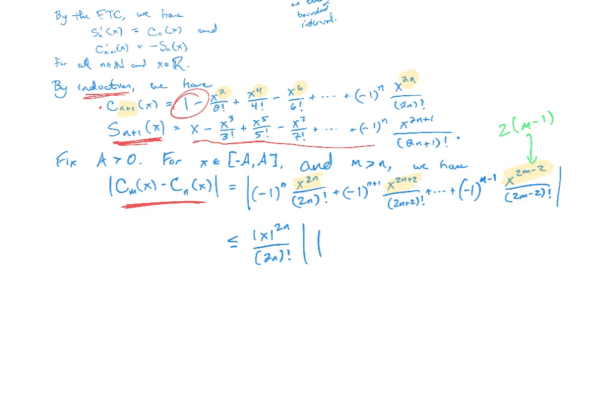Okay, then what's left over? 1 plus x squared over 2n plus 2, 2n plus 1, and then plus, and then we've got an x to the 2 times m minus n minus 1 over some product. Now, absolute value of x is less than or equal to a.